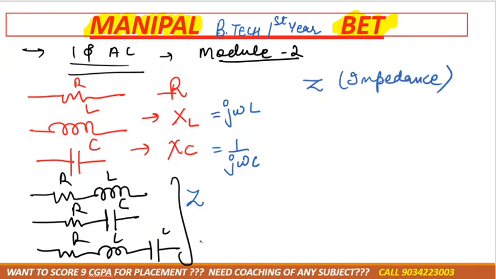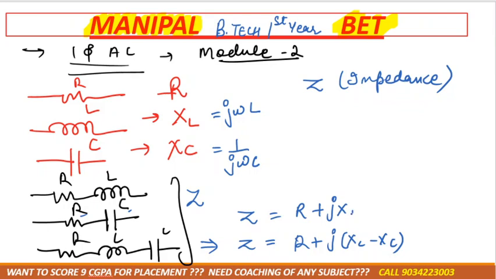So if there is RLC, then the impedance formula is R plus j(XL minus XC), right? If there is RL only, meaning no C, then that formula is R plus jXL, correct? And if there is RC, then the formula is R minus jXC, right?